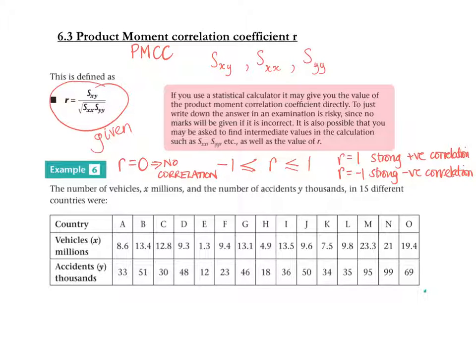Right, let's have a look at all the things that we've been asked for in example 6. The number of vehicles, etc. And we're asked to calculate the value of r and interpret this value.